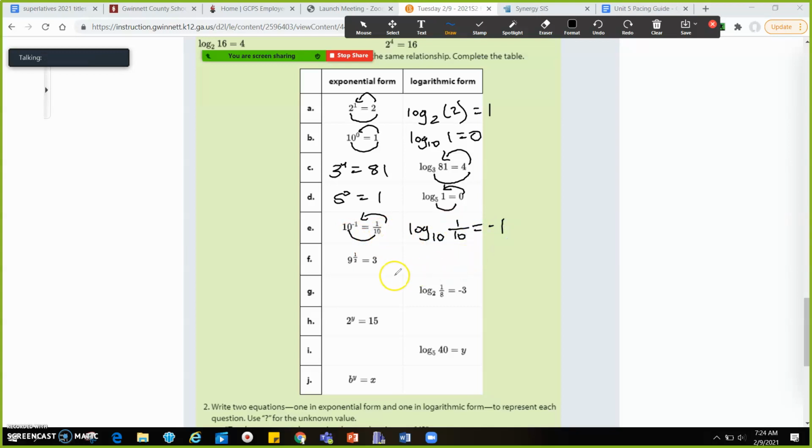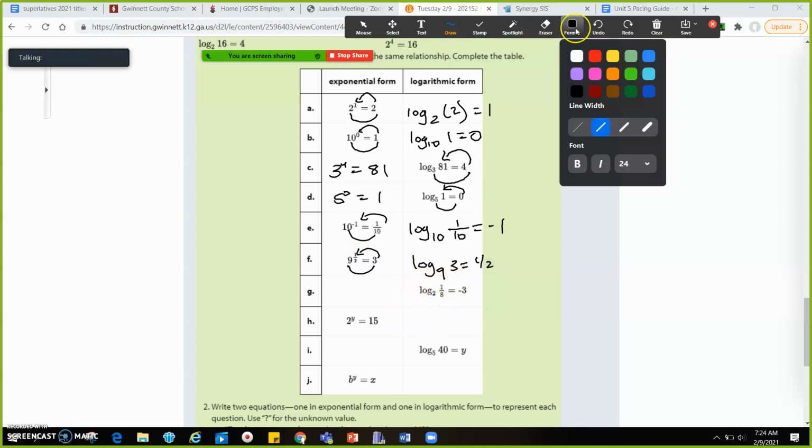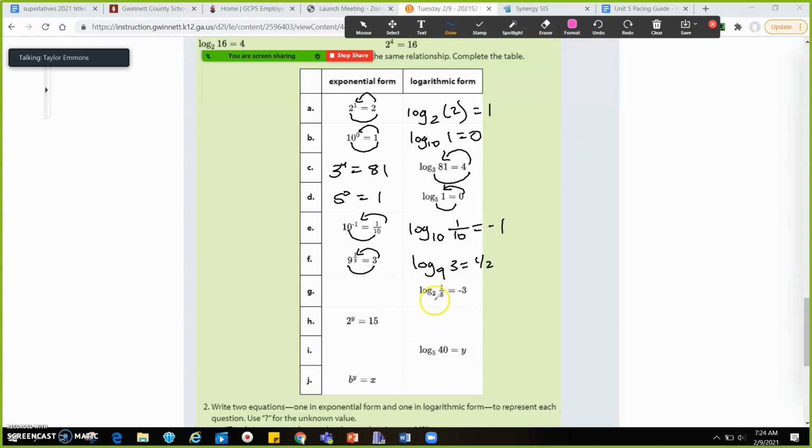And for this one, we got log of base 9 of 3 equals 1/2. For this one, we're going to have 2 to the -3rd equals 1/8. Notice how in that circle, I start with my base and then I go from there. That's how you always write it out, in that order.